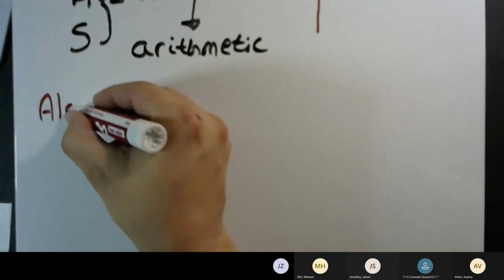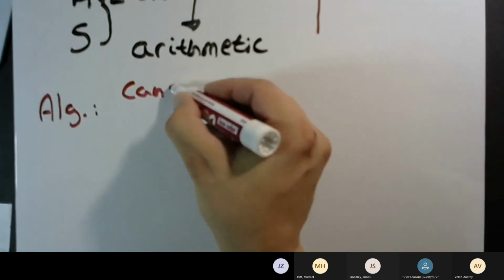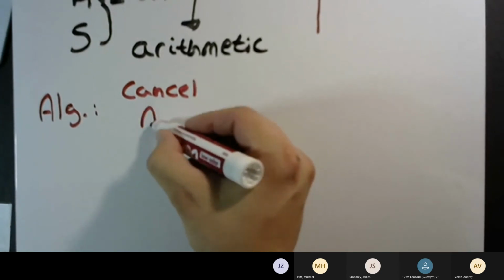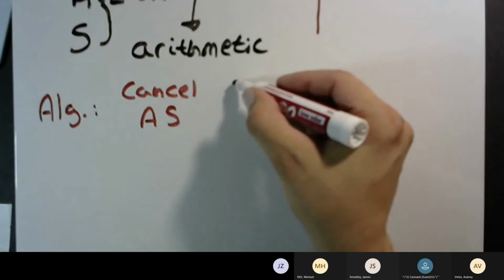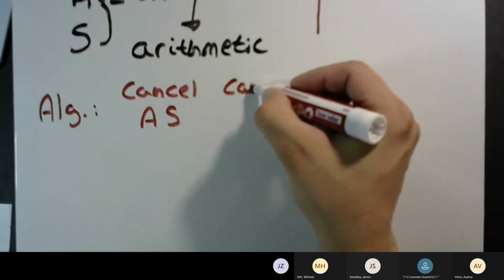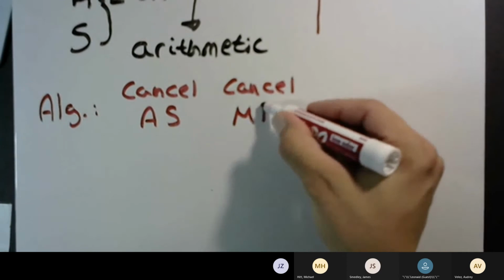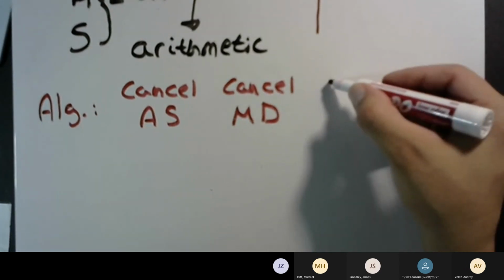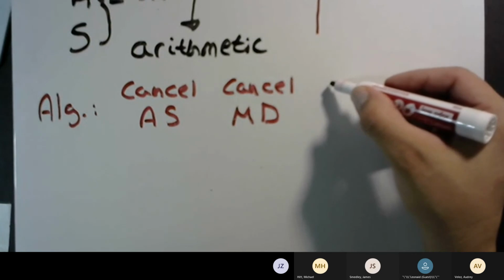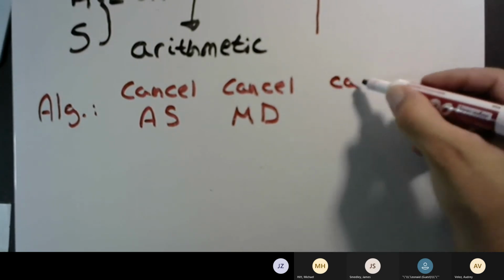I'll abbreviate algebra here. We cancel addition and subtraction first. And then we cancel multiplication and division. And then we're not going to really deal with exponents, but then we'll cancel as necessary.